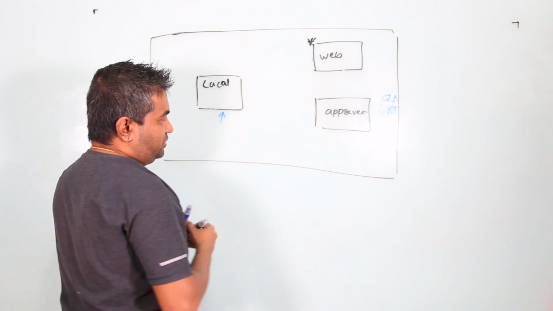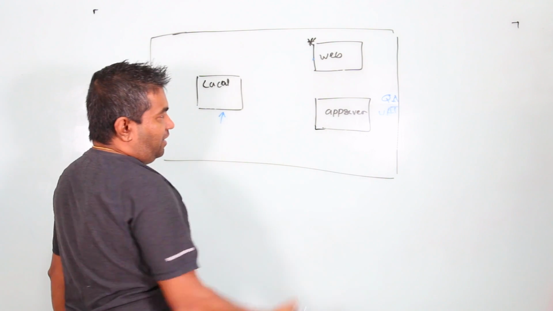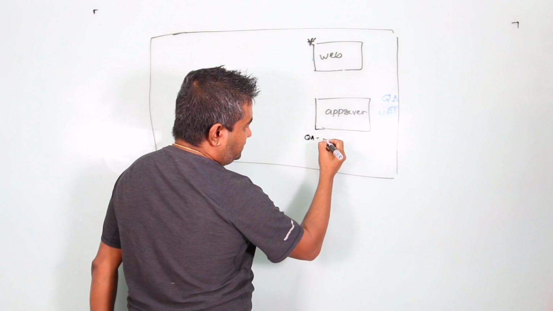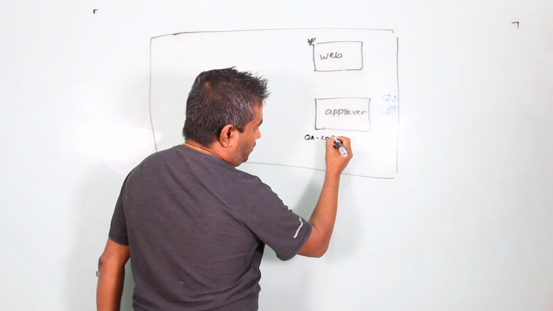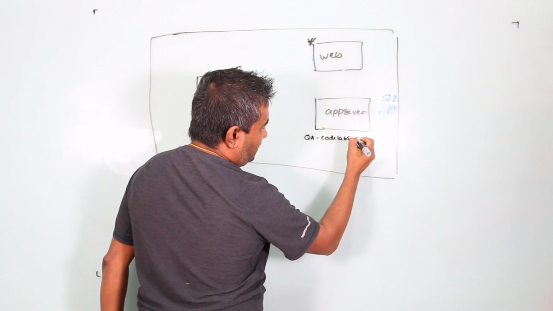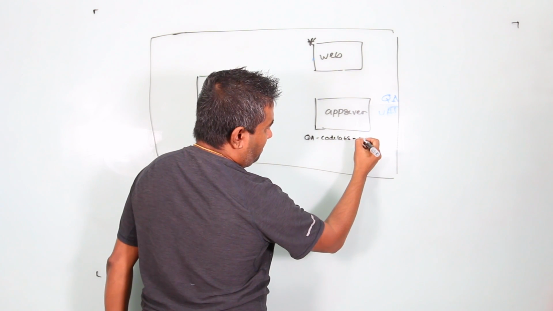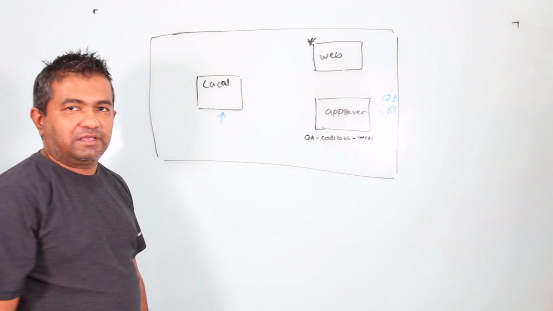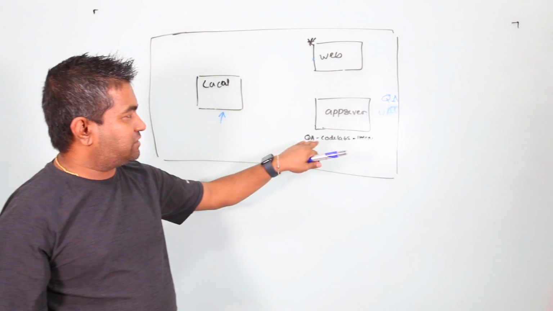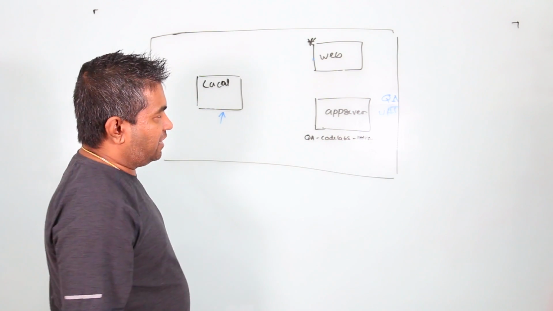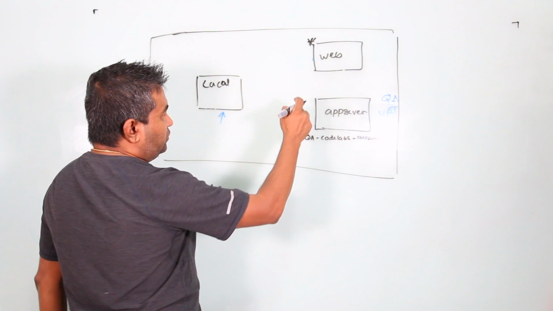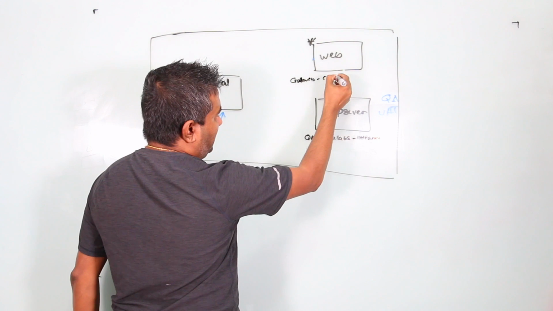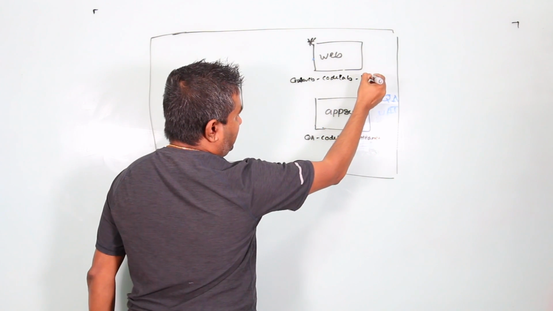Let's say this server's URL is QA-web-codelabs-intranet. This is the server name.